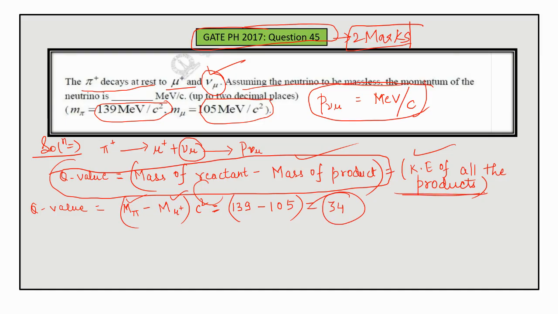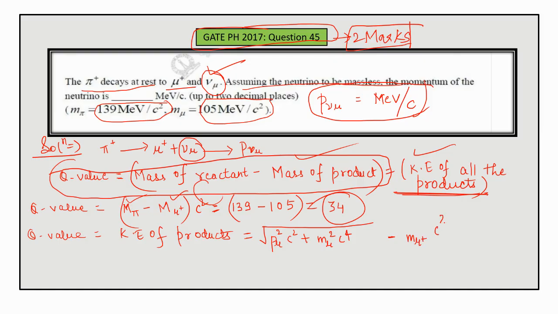Now I'll explore this part of the formula where Q value is equal to the kinetic energy of products. This is for the muon. The kinetic energy will be square root of P square muon c square plus m mu square c4, minus m mu c square.